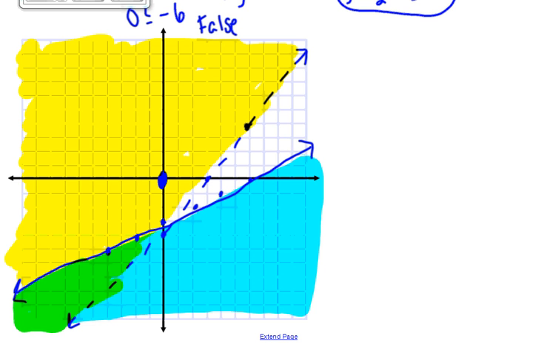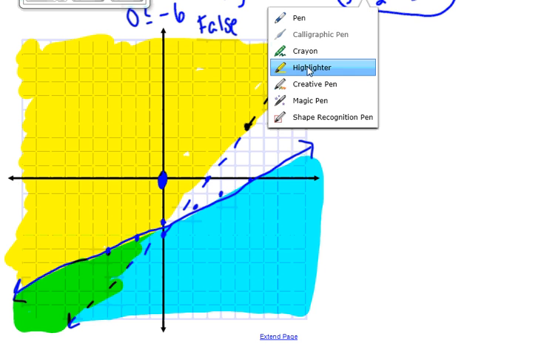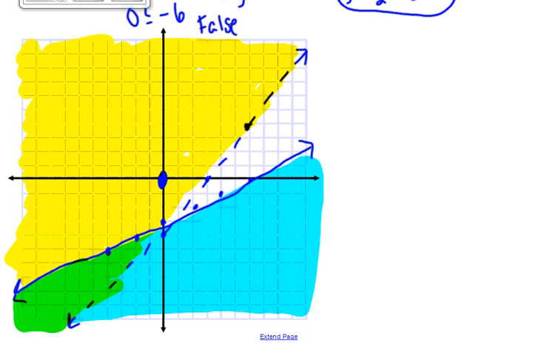That means that any point that falls right here on this line, because it's solid, or within this green area, is going to be the solution to my system of inequalities.